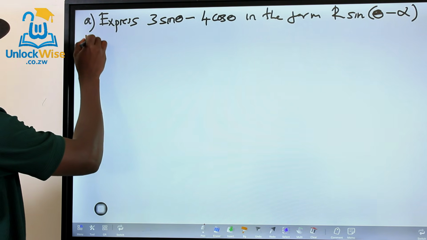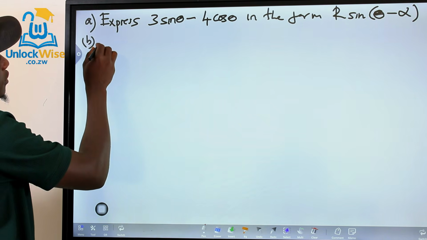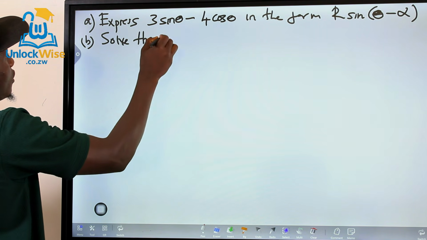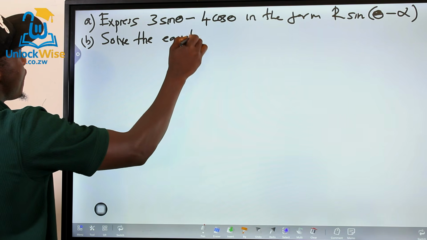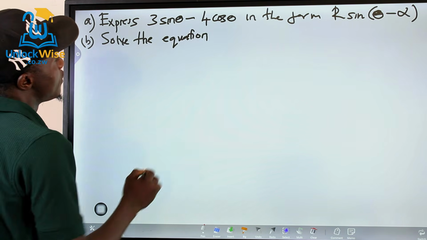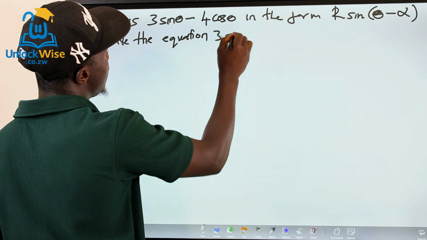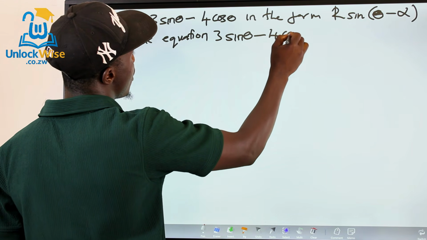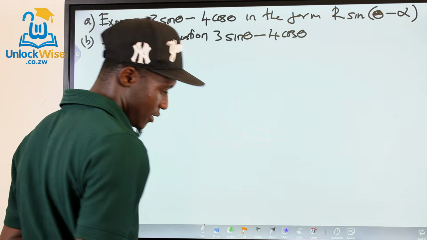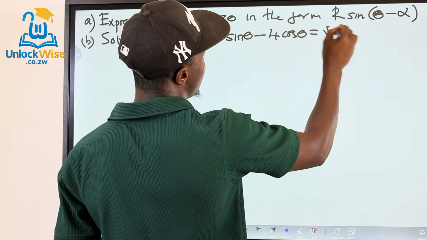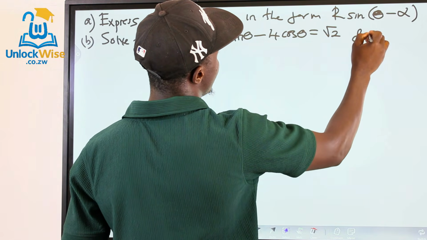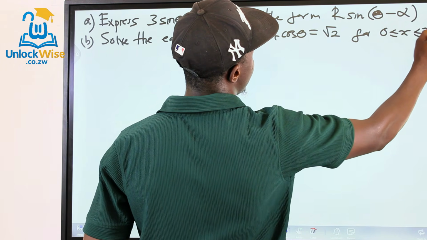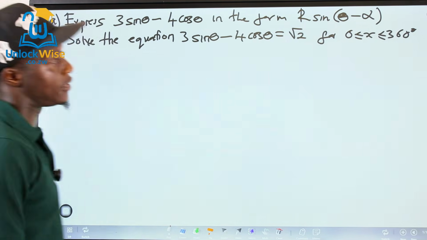Then the B part says, solve the equation 3 sine theta minus 4 cos theta is equal to root 2, for 0 less than or equal to theta less than or equal to 360 degrees.